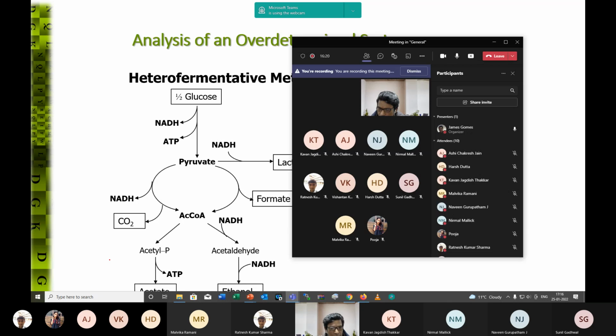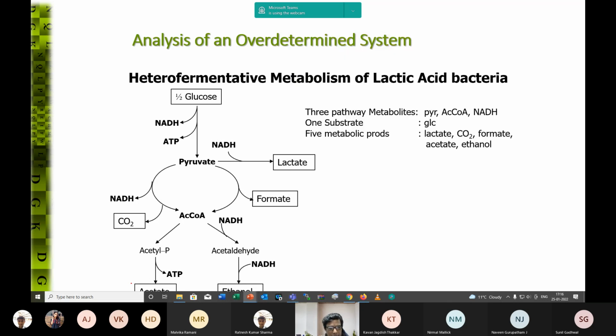Okay. So if you can see, there's an acetate here at the bottom, and you have an ethanol here at the bottom, right? So that is the reason why you will see fermentation which have multiple outcomes.